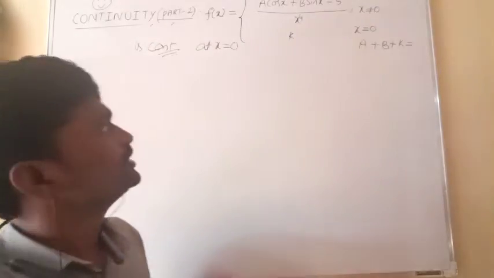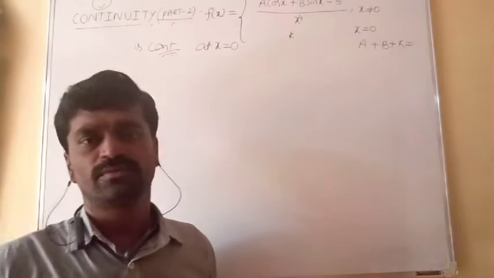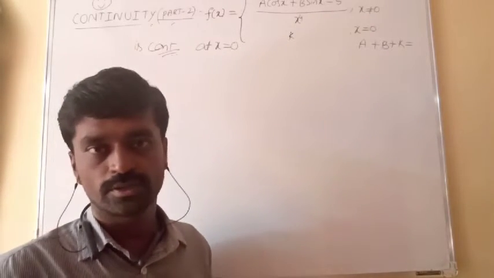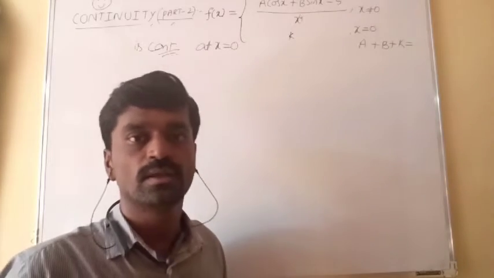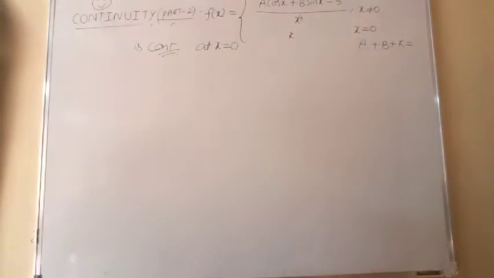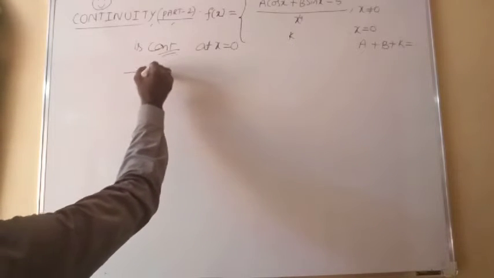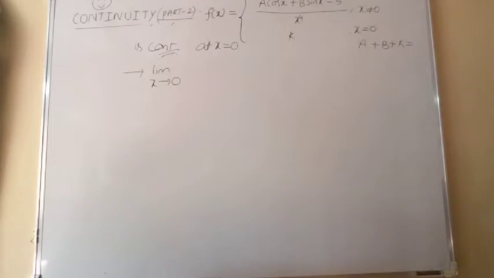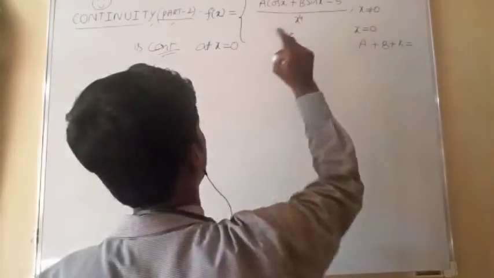So it is given continuous at 0, just use the definition. If it is continuous at 0, limit of the function is equal to value of the function. First you write that step, later you can think about how to evaluate. So limit as x tends to 0, f of x is equal to f of 0. What is f of 0? k.